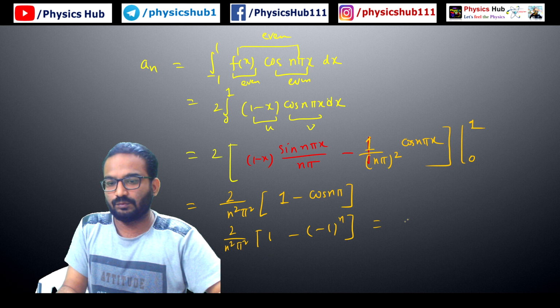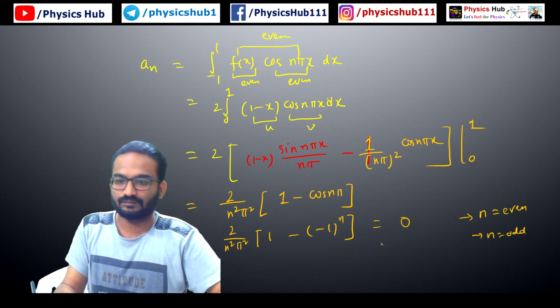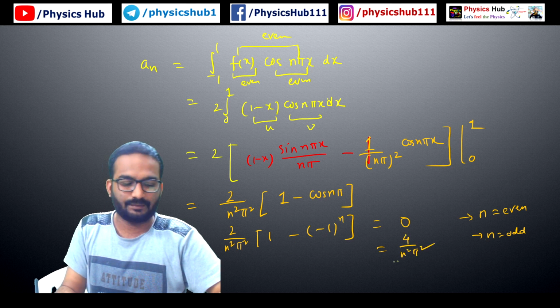Now it will have two possibilities depending on n being even or odd. If n is even, this term will be 0, because 1 minus 1 equals 0. If n is odd, then this will be 1 minus (-1), so 4 by n squared pi squared.